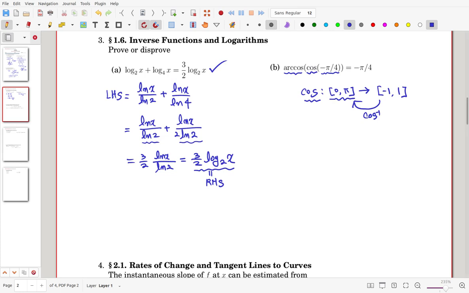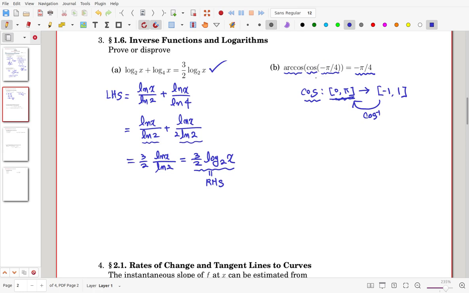Once you are thinking of arc cosine, then basically for cosine and arc cosine the range must be between 0 and pi for arc cosine. But right now this is a negative value, so it's not working.